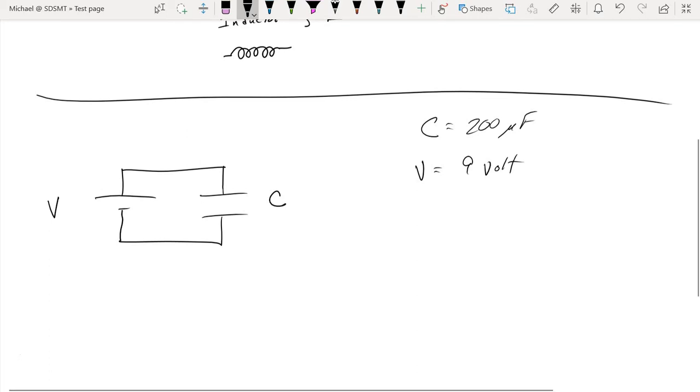And what I want to know is how much charge is going to be stored on that capacitor.